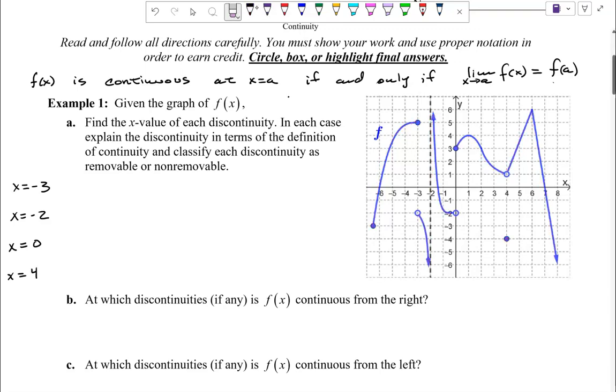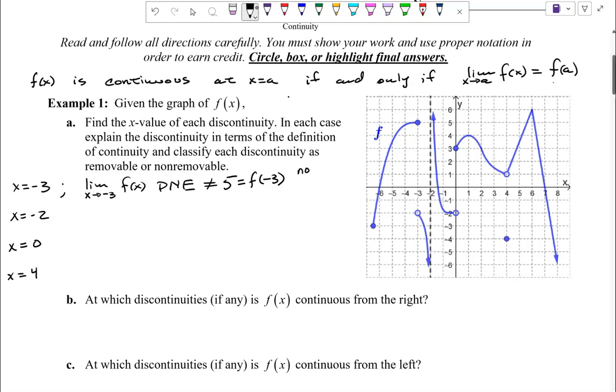Now, if we look at the limit as x approaches -3 of f of x, we notice that when we approach -3 from the left and approach -3 from the right, we're getting two different values. So this limit does not exist, which means it cannot equal +5, which is f of -3.